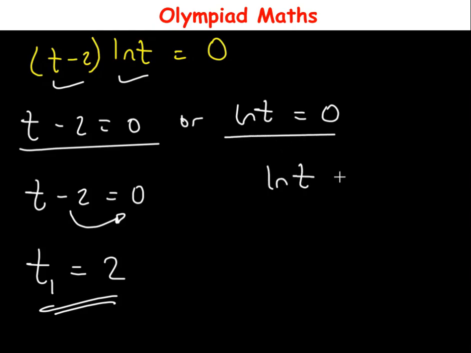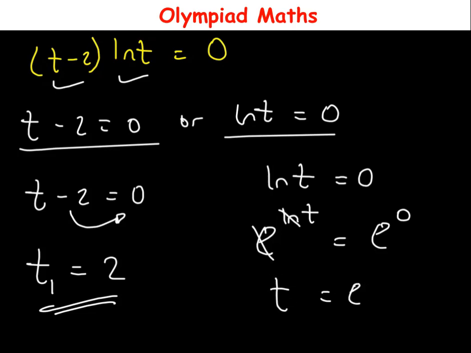So ln t is equal to 0. From here, we are going to introduce e to both sides of the equation. So e raised to power ln t is equal to e raised to power 0. From here, if we cancel ln, we have t is equal to e to the power of 0. If you have a raised to power 0, it is equal to 1.